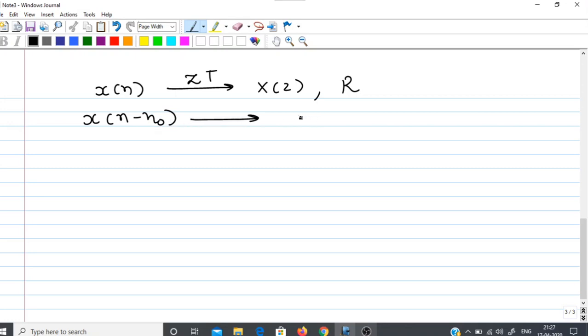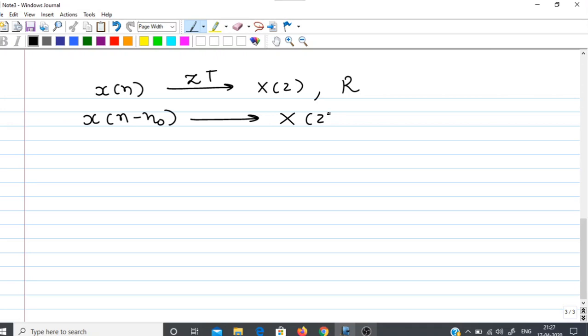Now we come to the business, that is the time shifting property of the Z transform. So what is the time shifting property of the Z transform? Let us assume our sequence is x[n] and its Z transform is X(z) with ROC R. Then if I shift this sequence by n naught samples, what would be the Z transform of this shifted version?